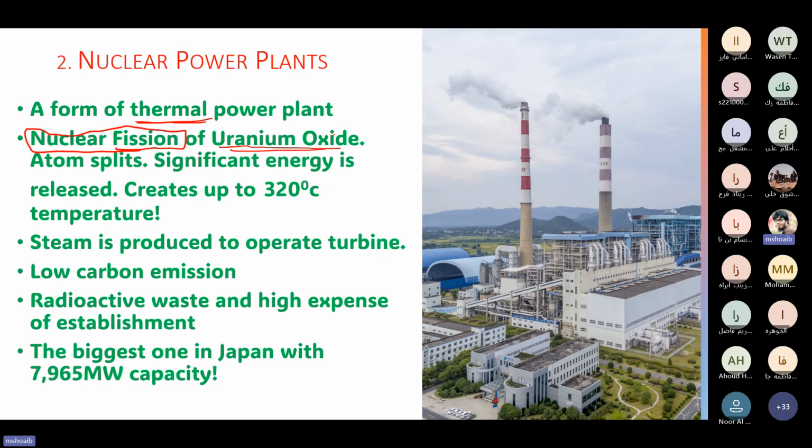How does it work? In fission, we hit the uranium oxide atom with neutron particles at high speed. Whenever we hit the atom, it splits. And whenever it splits in a closed area, the pieces start to hit each other, and it generates a chain reaction.